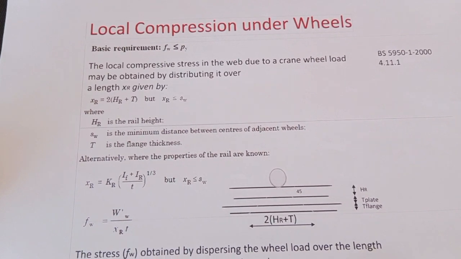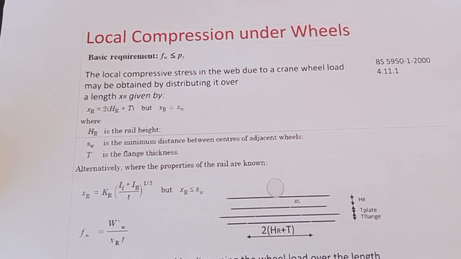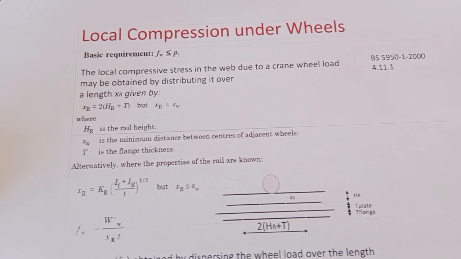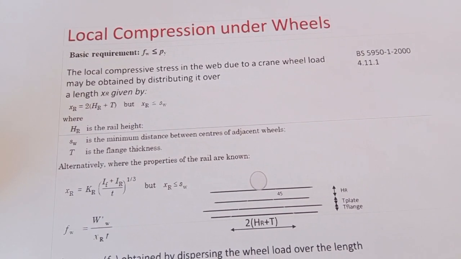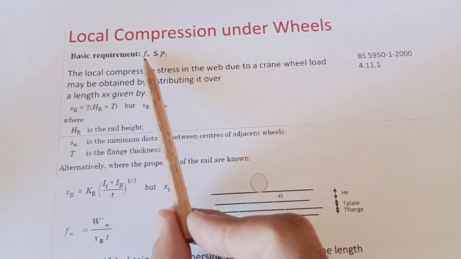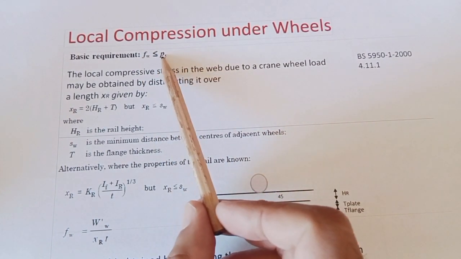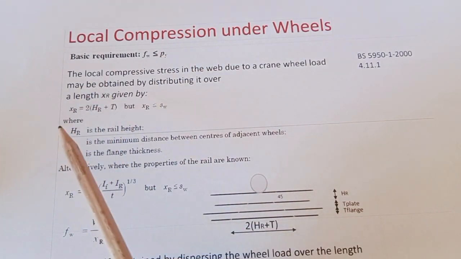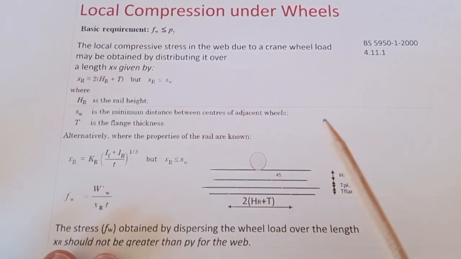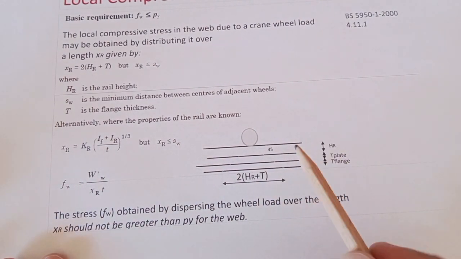And the last one is local compression under wheels. We had bearing capacity, and also we need to check for local compression under the wheels for the web. So we need to have this applied pressure on the web less than the yield stress. So we need to check what is the applied or the effective length under the wheel.